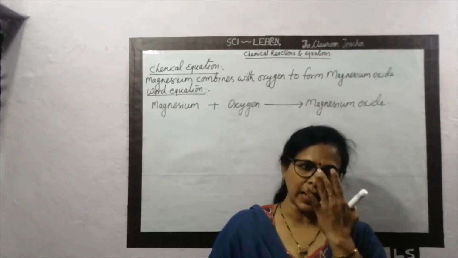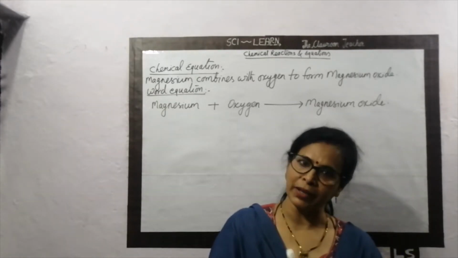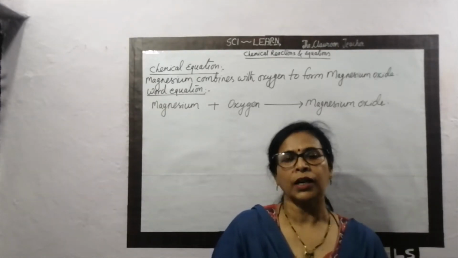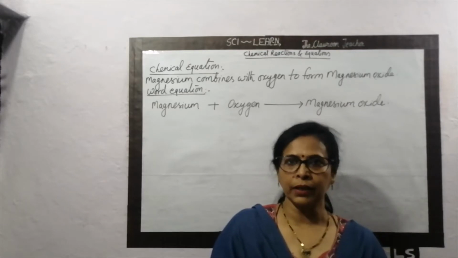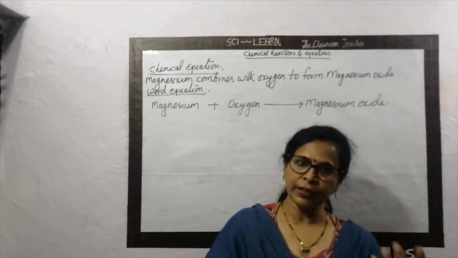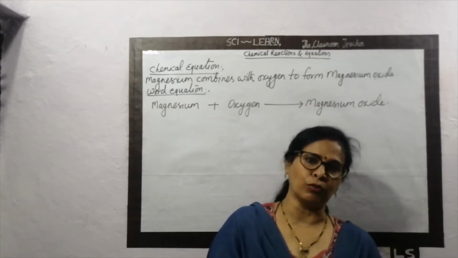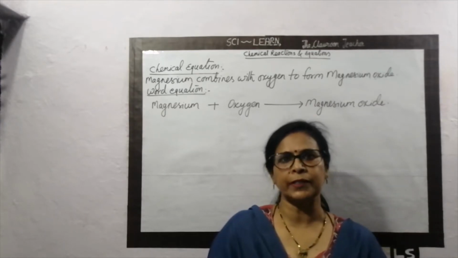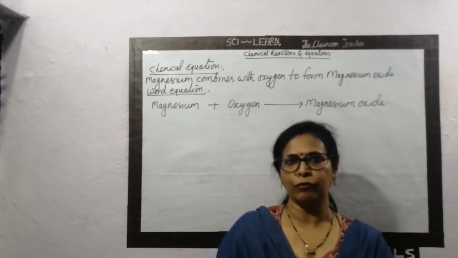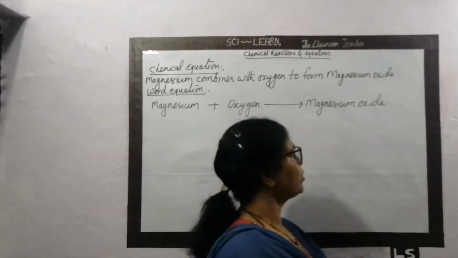A chemical equation is the representation of a chemical change or chemical process in the form of symbols and formulae. Whatever substances are involved, all are represented with the help of symbols and formulae. So what is the chemical equation?